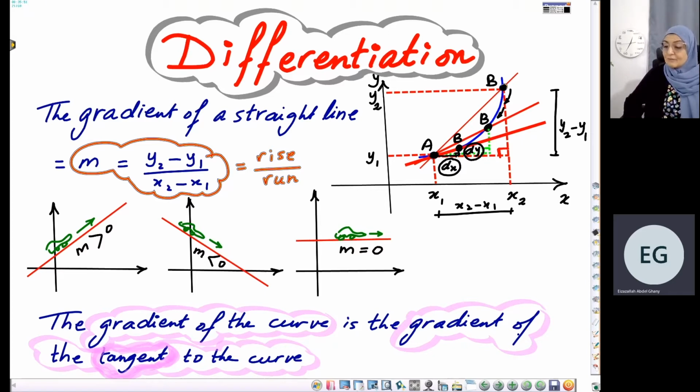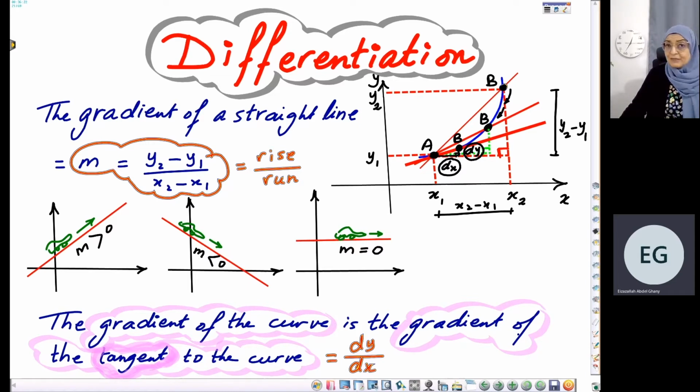So this line is now a tangent to the curve, and the big distance y2 minus y1 and the big distance x2 minus x1 are now so tiny, and we call them dy by dx. So now the gradient of the tangent to the curve is dy by dx.